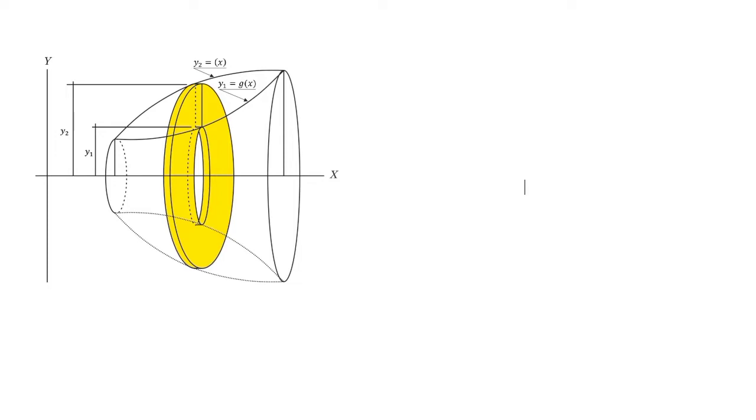So, we may consider as elements a circular ring or washer for revolving the approximating rectangle in the figure as shown, which is inscribed between the given curves about the x-axis, whose volume is the volume of the circular disk with the radius of y sub 2 minus the volume of the disk of the radius y sub 1, which is, in this case, has the thickness of the dx.